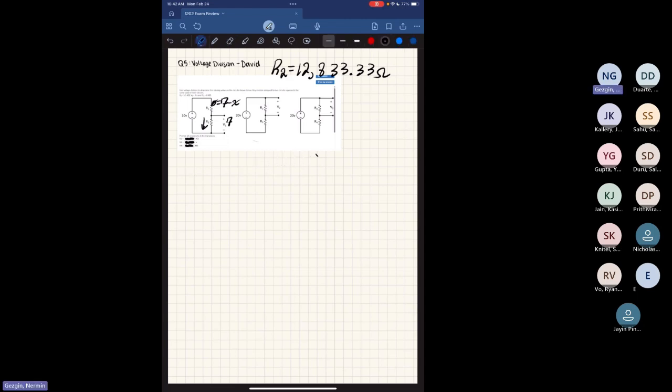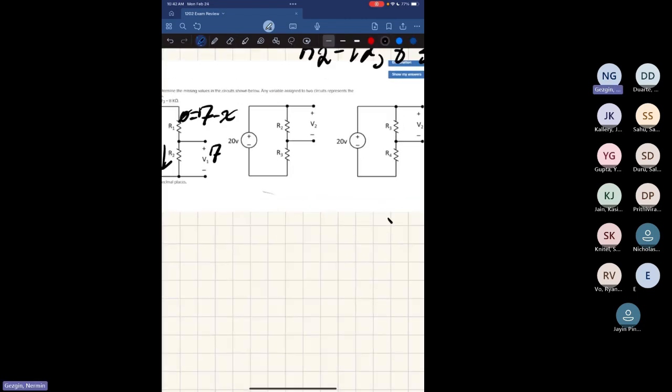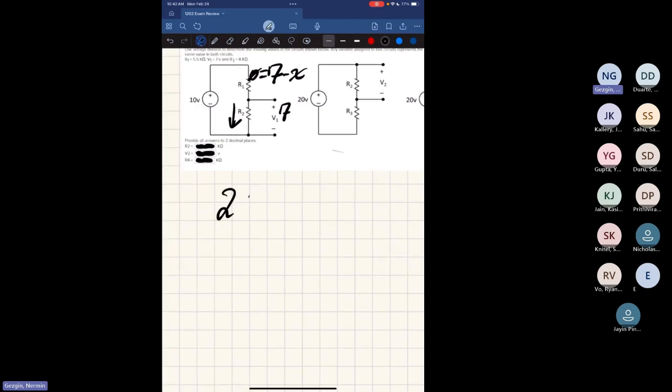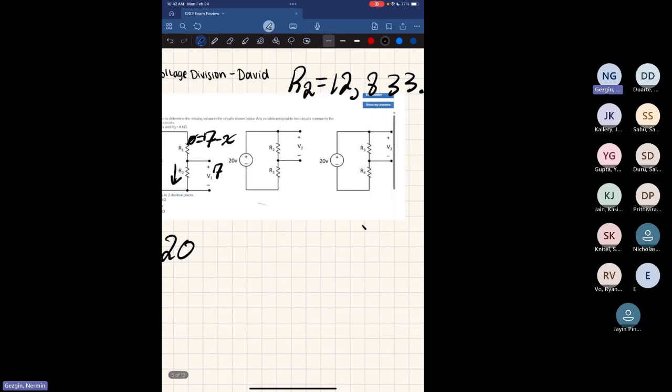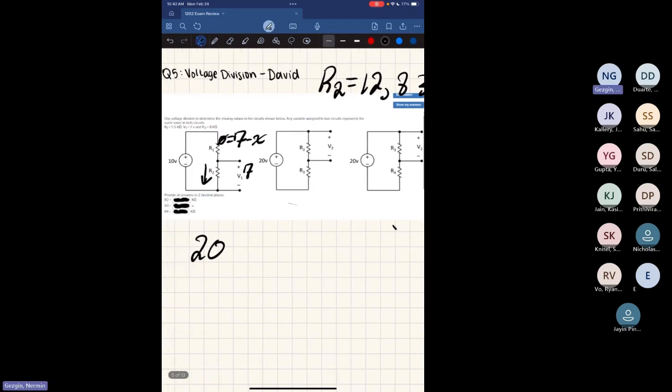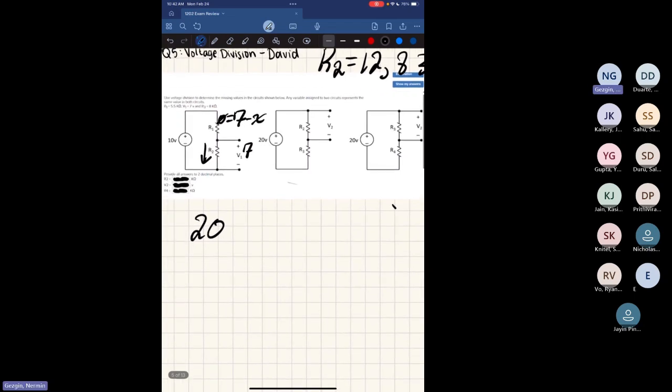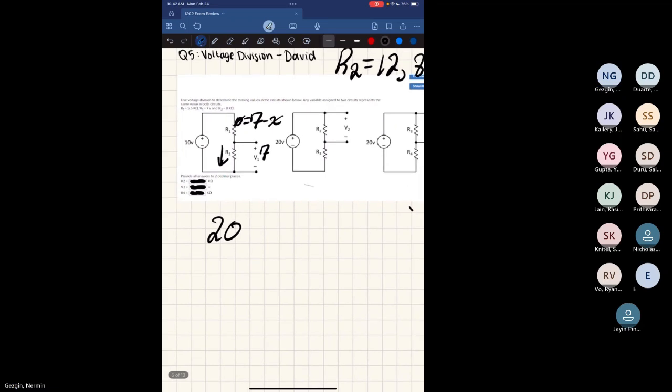Okay, so now we can start this part. If we're given R2 and 20 volts, so the power supply is now 20, and we need to find V2, but we know the value of the total of all the resistors.